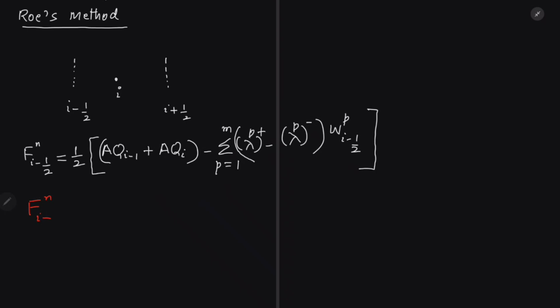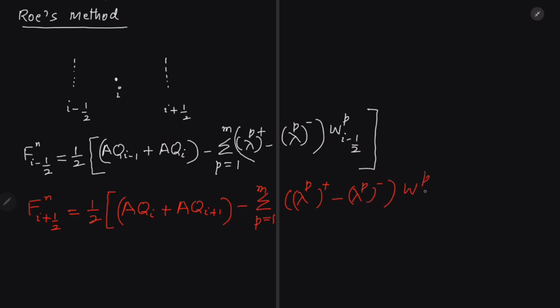We get F at I plus 1/2 equal to 1 by 2 of A q i plus A q i plus 1, minus the sum over P from 1 to m of lambda P plus minus lambda P minus, times W P at I plus 1/2. So that is the I plus 1/2.